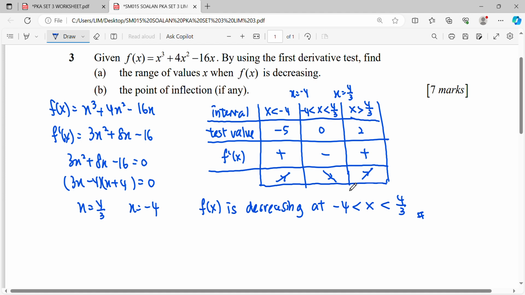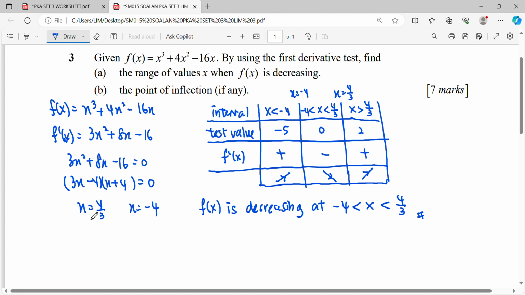So after that, the point of inflection. How are we going to find the point of inflection, if any? From the critical values here, can you see any inflection point?